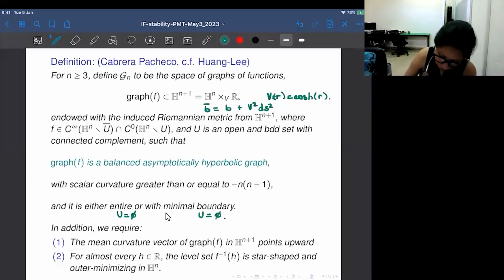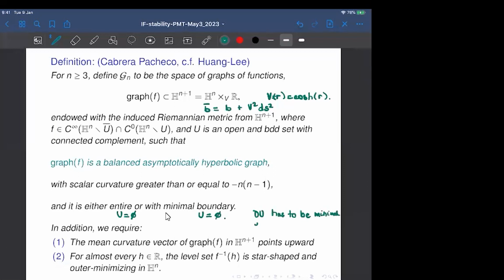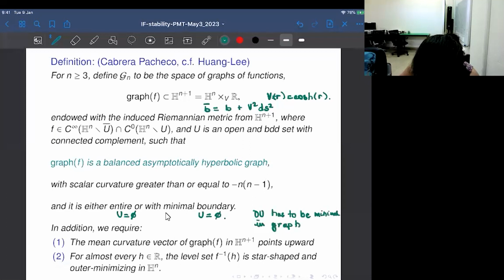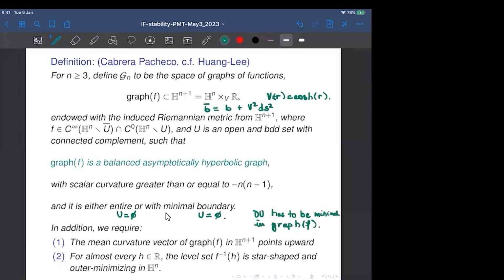So partial U has to be minimal. So it's a minimal hypersurface. Yes, thank you. Inside the graph, yes, thank you.